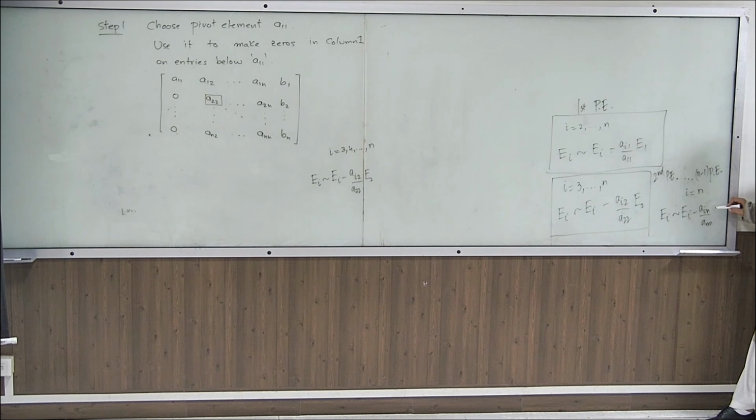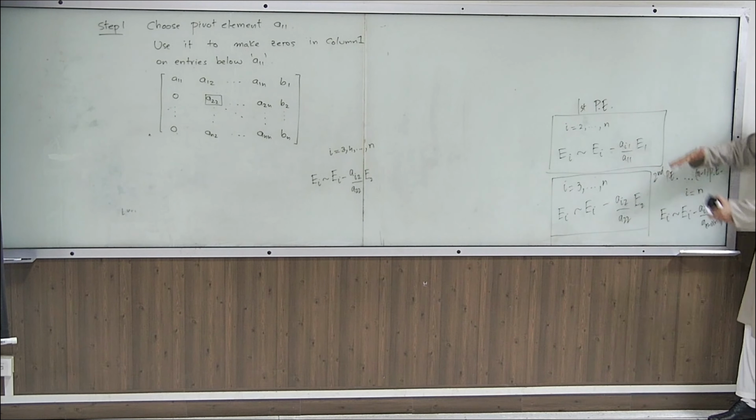It's n minus 1. So because it is the n minus 1 pivot element, we have to go till n. So i has to run at n.